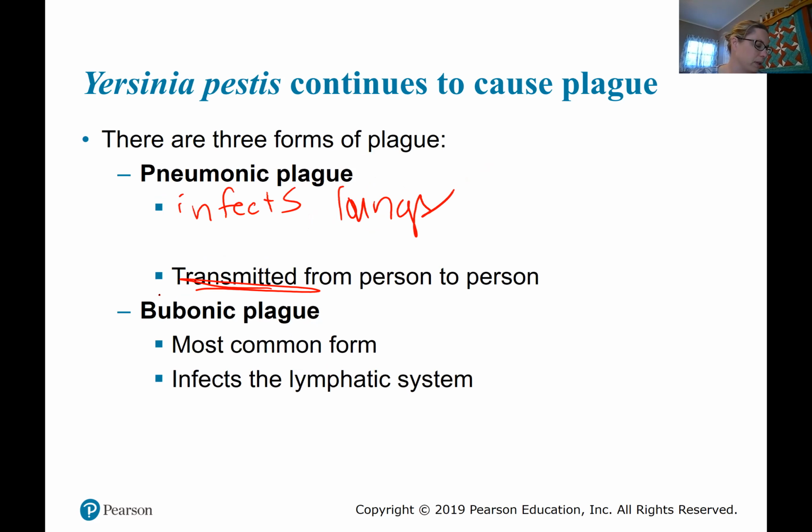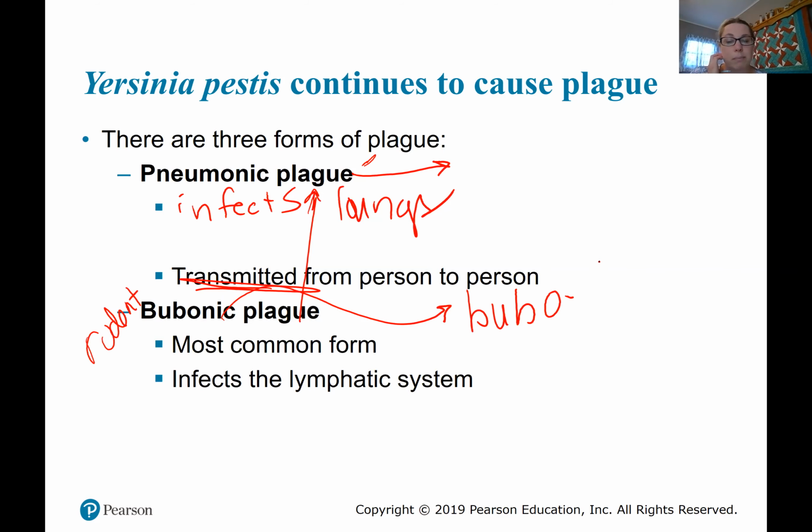Bubonic plague, though, is the most common form, and that would come from the bite. And bubonic can progress into pneumonic plague. So they would have gotten it from the rodent, it can progress to the lungs, and then it can spread to another human in this way. The bubonic plague infects the lymphatic system, and they call it bubonic plague because it produces what's called a bubo.